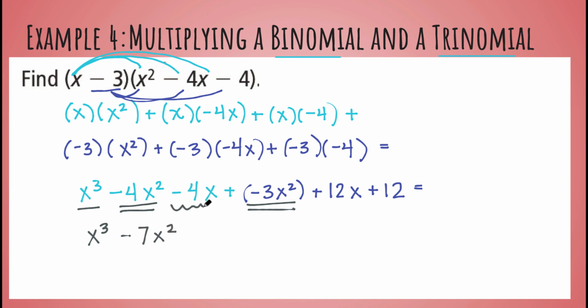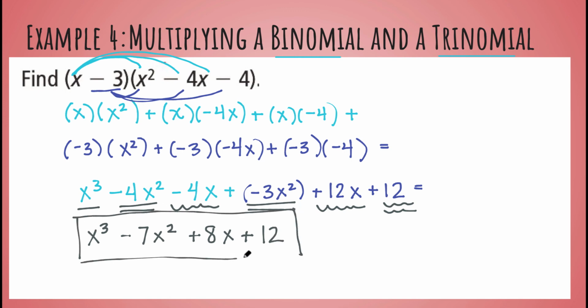I have a negative 4x, and I also have an x to the first power here. So negative 4x plus 12x is a positive 8x. And lastly, I have this constant term here, no other constant term, so I'm just going to add on the 12. So this is the product of a binomial and a trinomial together.